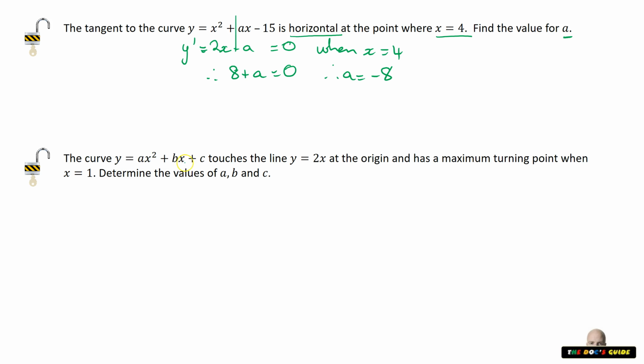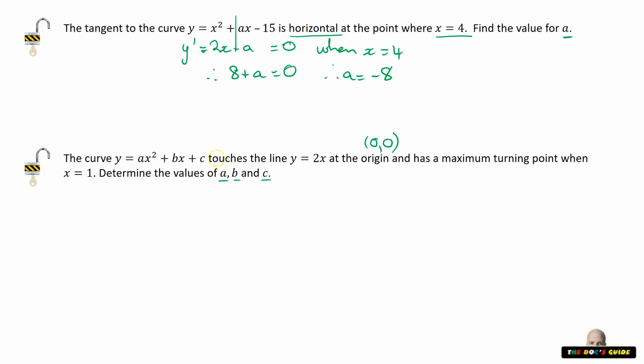Okay, our next example. This curve touches the line y equals 2x at the origin and has a maximum turning point when x equals 1. Determine the values of a, b and c. Our maths brain should be telling us that we've got 3 things to find, so we've got to get 3 bits of information. First of all, it talked about touching a line at the origin, so we know that it passes through the point 0, 0.